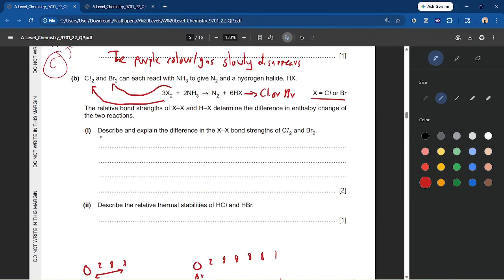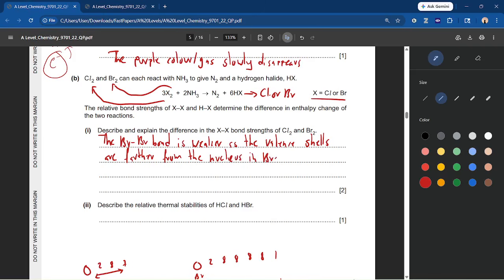That the Br-Br bond is weaker as the valence shells are farther from the nucleus in bromine, and so there is less overlap and less attraction compared to chlorine.